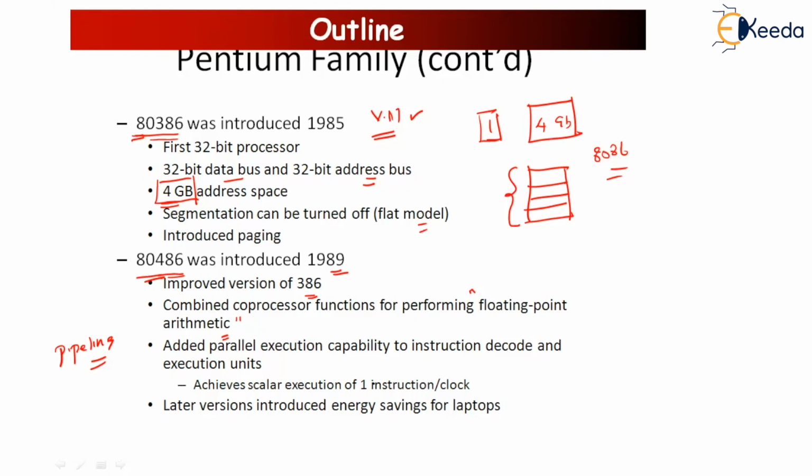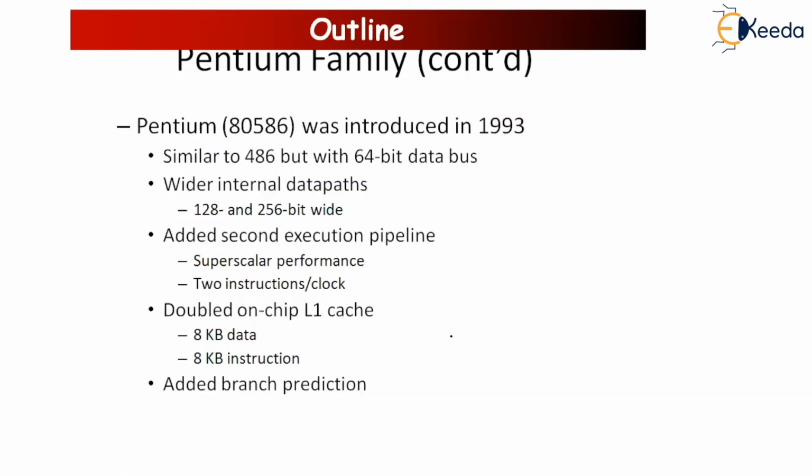It achieved a scalar execution of one instruction per clock. For one clock cycle, this 80486 was capable of executing one instruction. Later versions introduced energy savings for laptops. This is the thing with 80486.